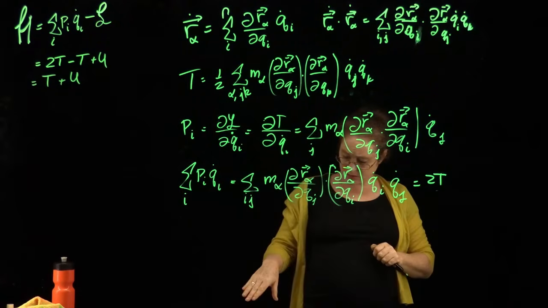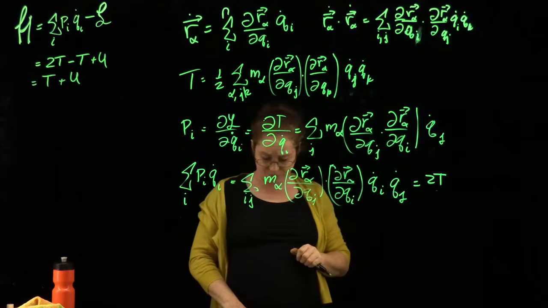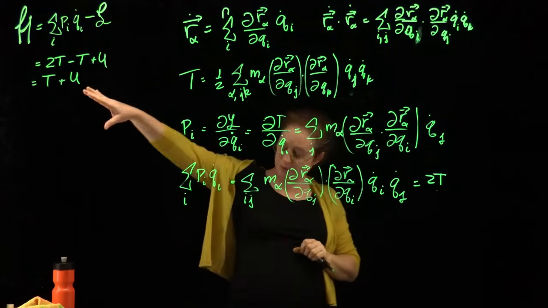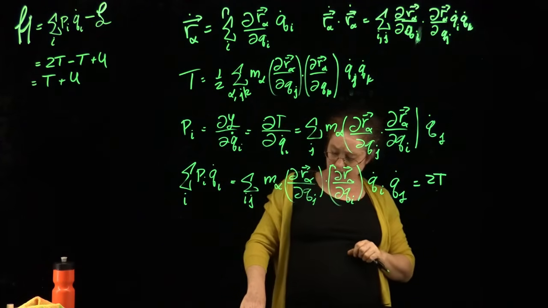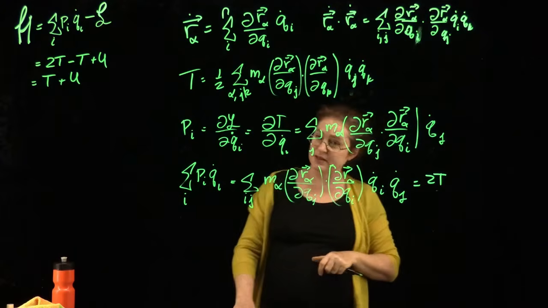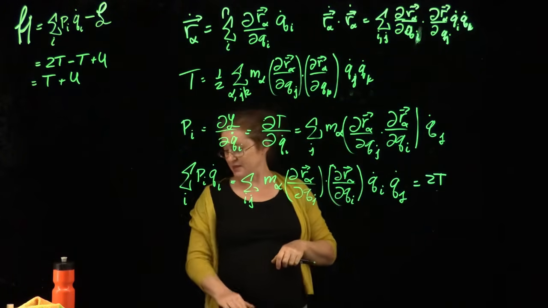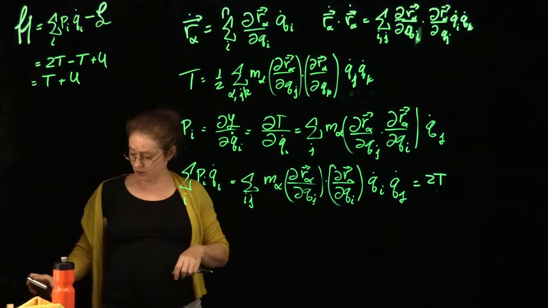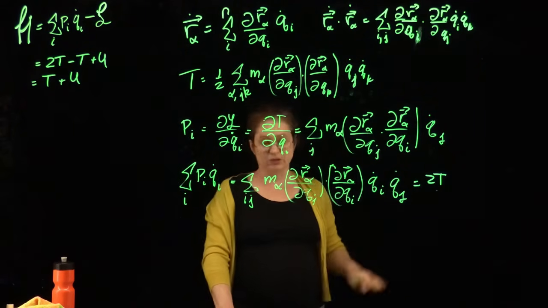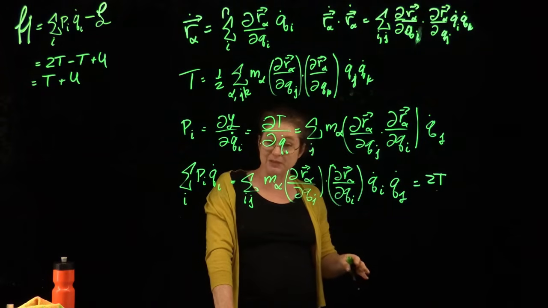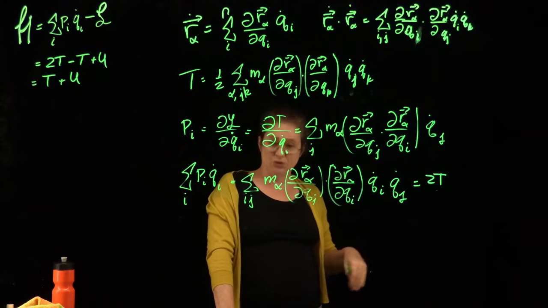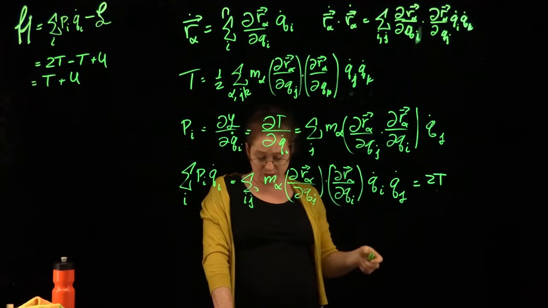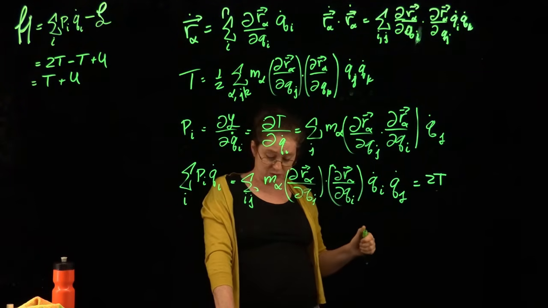So in this case, the Hamiltonian is exactly what we are familiar with as the energy. And if we use Cartesian coordinates, the generalized coordinates are time independent. You don't change the definition of the time dependence. So the Hamiltonian is the total energy.